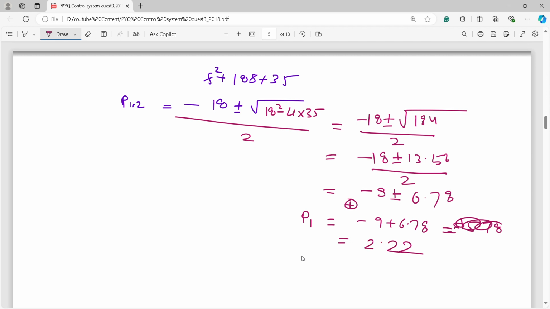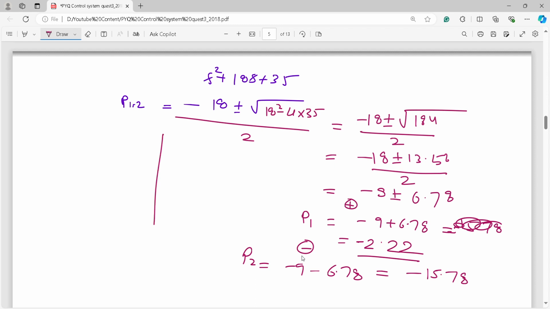So this is one pole, and the second pole, taking the negative sign, will be minus 15.78.